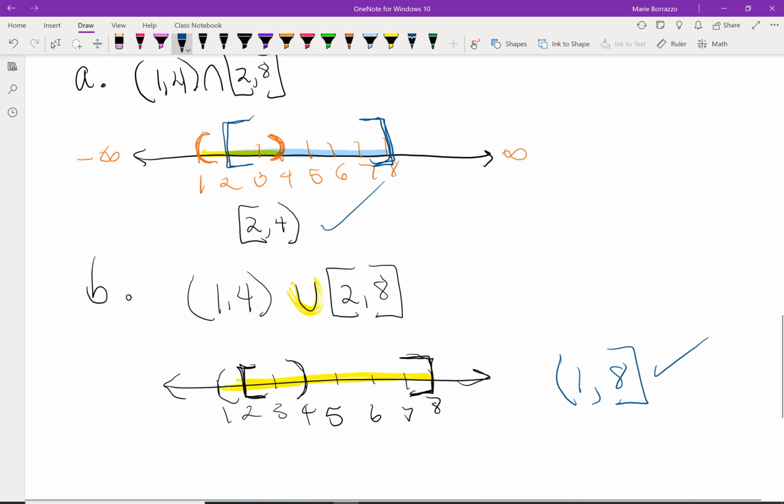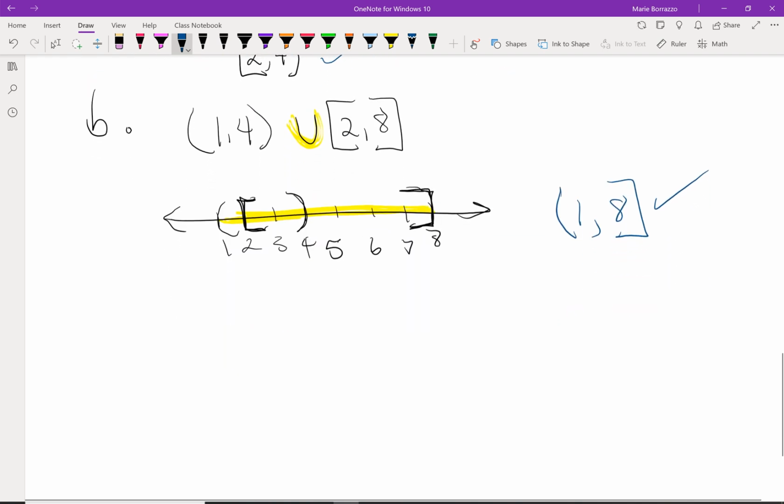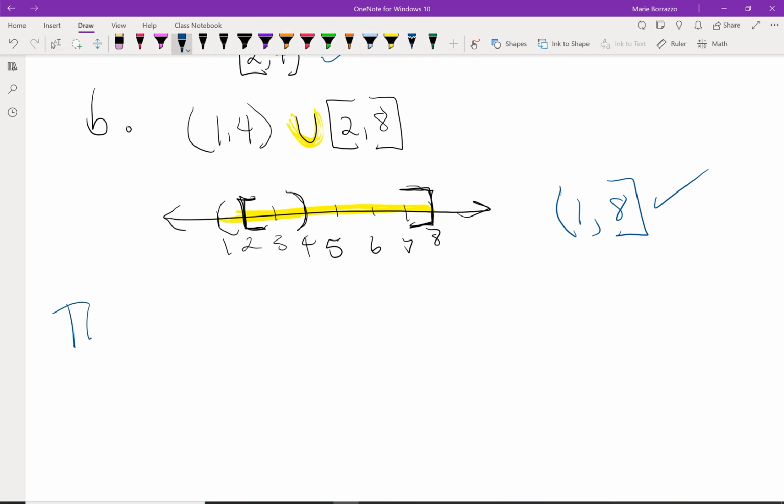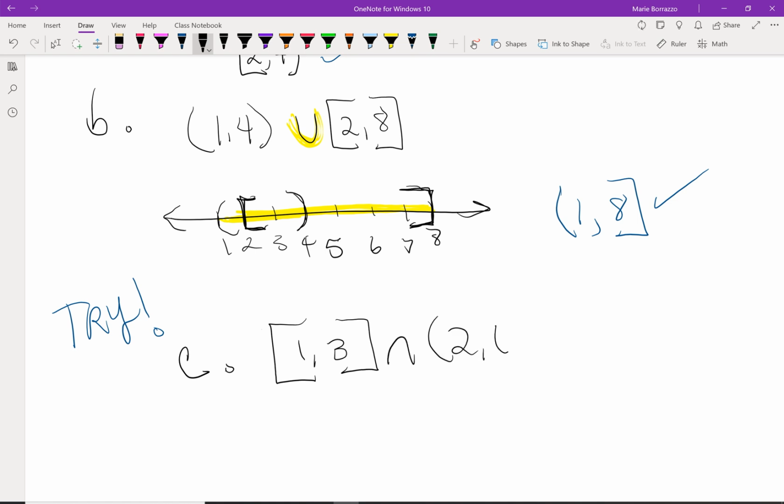Okay, now examples to try. You're going to pause the video, and I'm going to give you 2 more values to try, which I'm going to call C and D. So here's C. In C, we're going to give you 1, 3 inclusive, intersect 2, 6 exclusive.